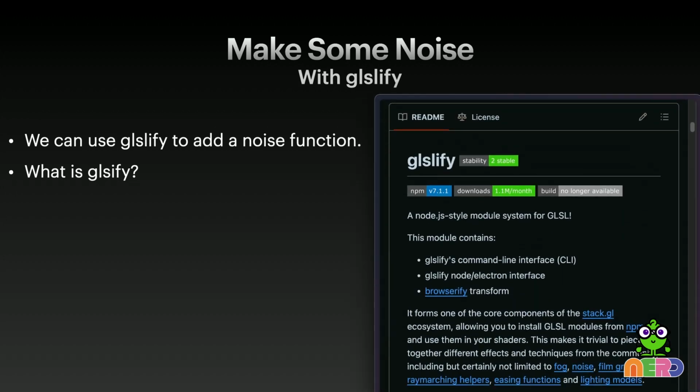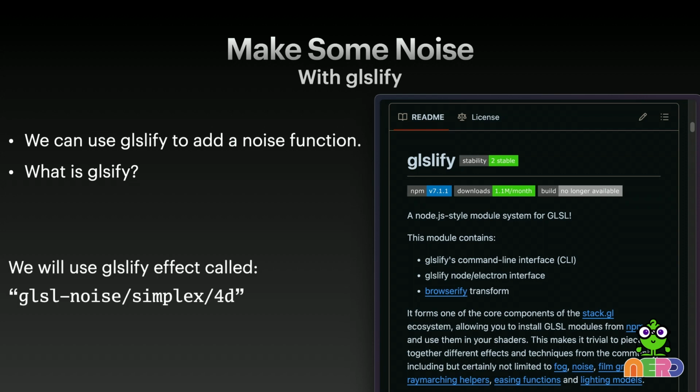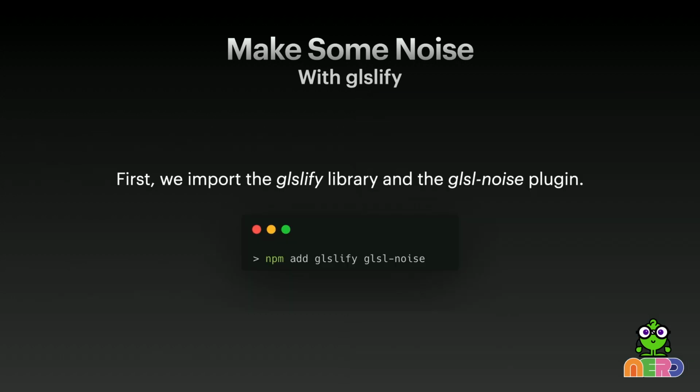So we're going to use this library called GLSLify, which gives you access to all these pre-made, really interesting, complex, mathematical functions that you can inject right into your GLSL code with, again, 1 or 2 lines added. We are going to use one called GLSL noise, simplex 4D. That's the one. So first we import our library.